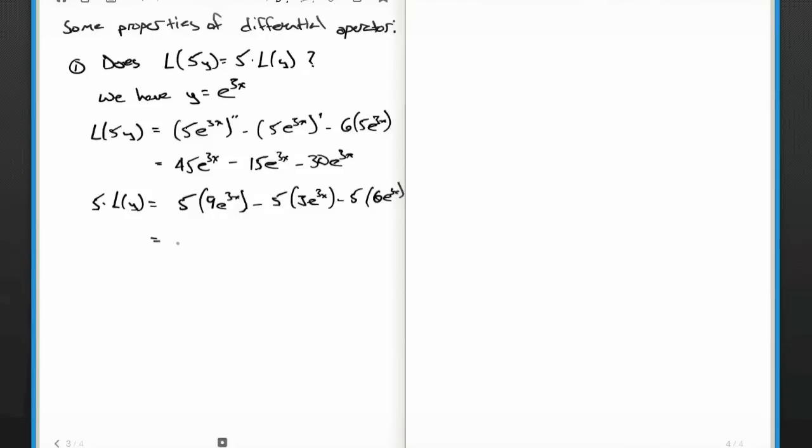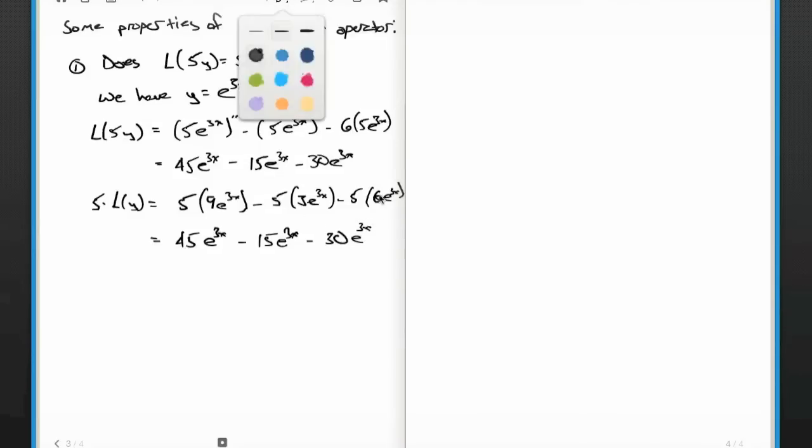And we discover that equals, sure enough, 45 e to the 3x minus 15 e to the 3x minus 30 e to the 3x. Okay, so that checks out.